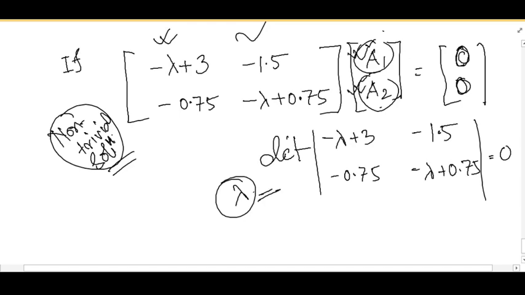So that is the significance of our eigenvalues and eigenvectors.